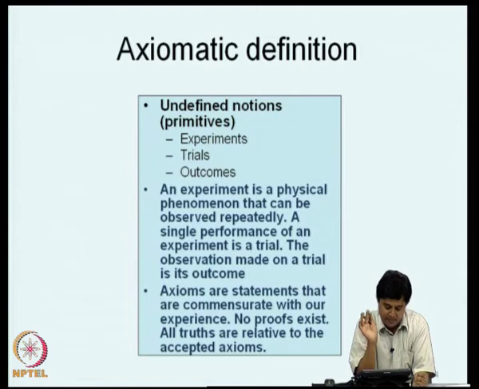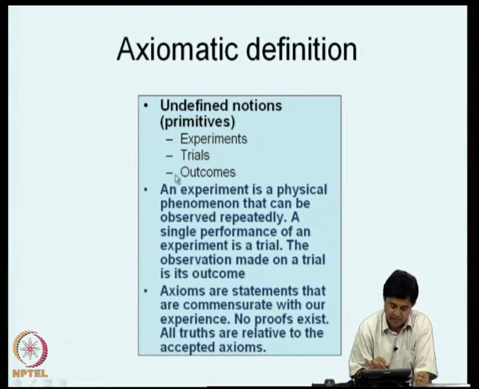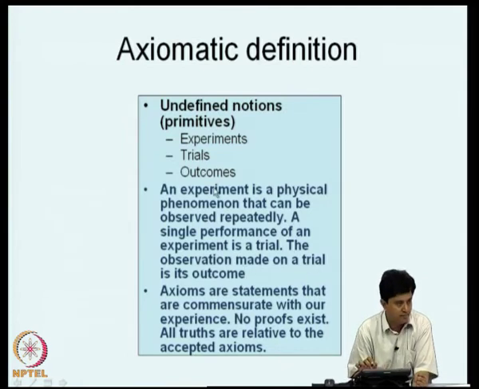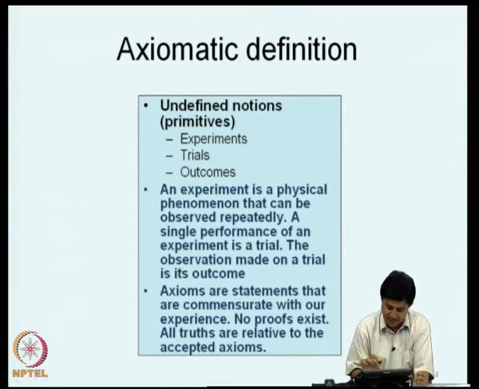For example, terms like experiments, trials, outcomes are terms for which there is no definition, but we have certain descriptions. An experiment is a physical phenomenon that can be observed repeatedly. A single performance of an experiment is a trial. The observation made on a trial is its outcome. These are descriptions, these are not definitions in a mathematical sense.